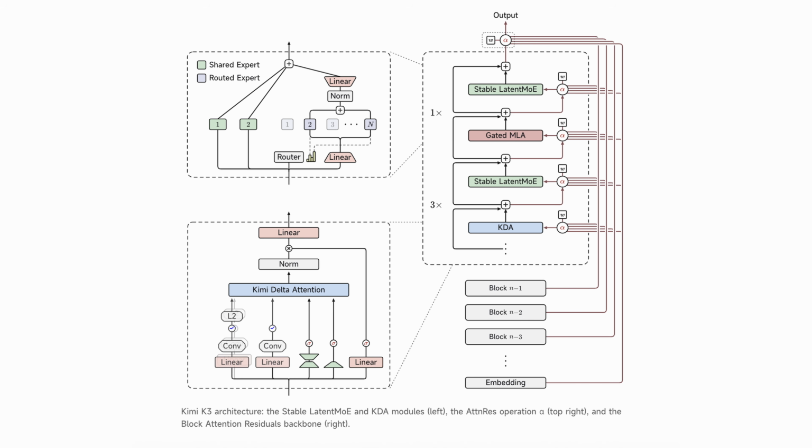First is Kimi Delta Attention, which is a hybrid linear attention mechanism. The second is something called attention residuals. Both of these are aimed at keeping information flowing through really long sequences and really deep models. On top of that, you get a 1 million token context window and native visual understanding.